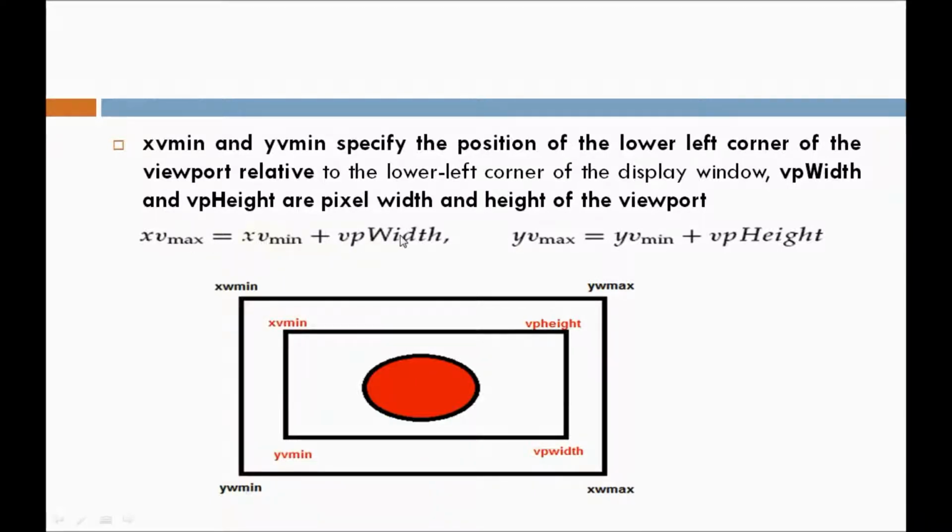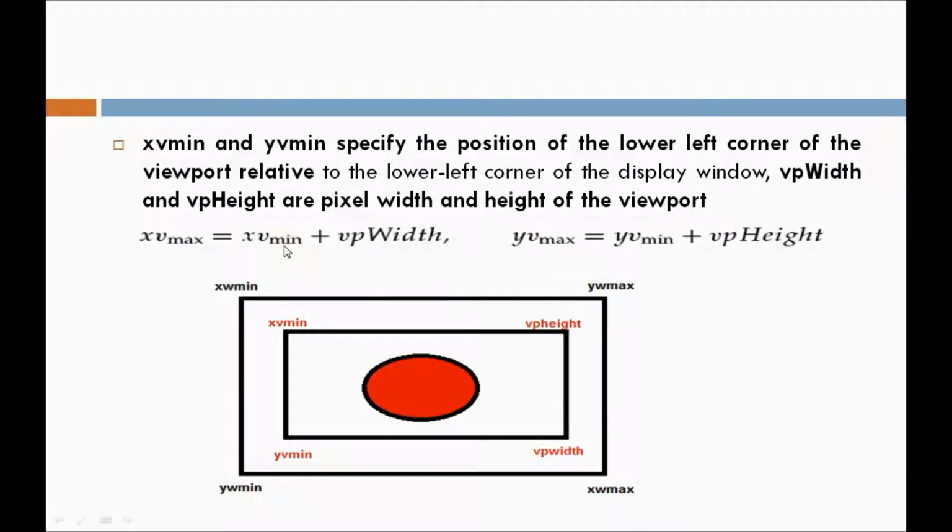XV max is XV min plus VP width, and YV max is equal to YV min plus VP height. If you add these, you will get YV max. So this is the formula.